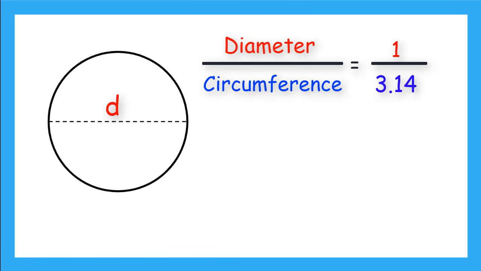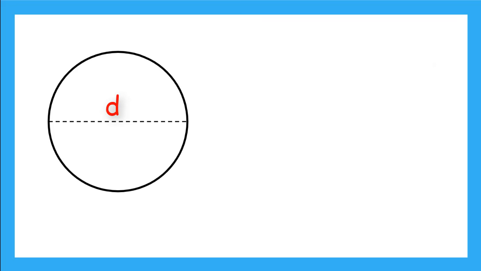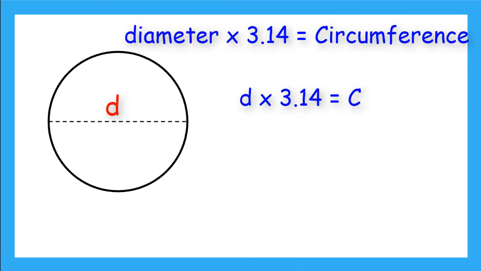Now that we know the relationship, or the ratio, between diameter and circumference, we can come up with our formula for circumference. We discovered that the diameter times approximately 3.14 equals the circumference. But there is something special about the number 3.14.